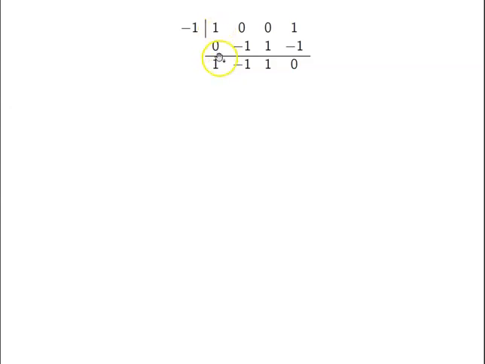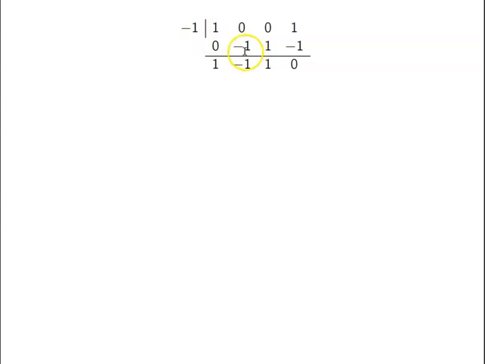So 1 plus 0 is 1. Then the entry that I get here, I multiply times the value that is behind this wall, which is -1. 1 times -1, I put under the next entry, which is here.